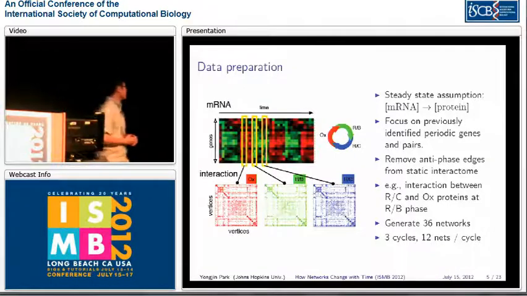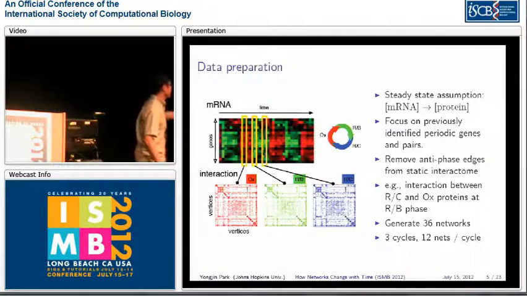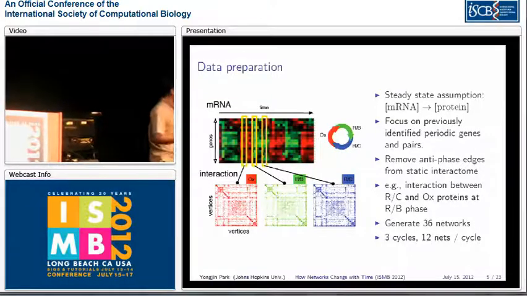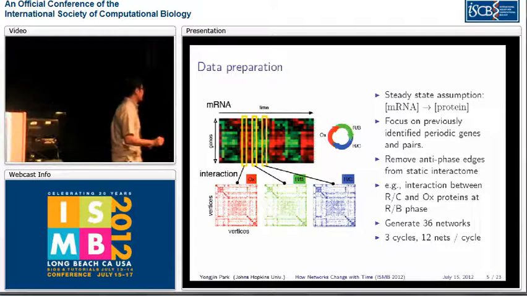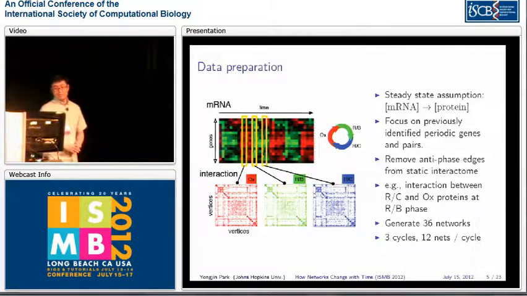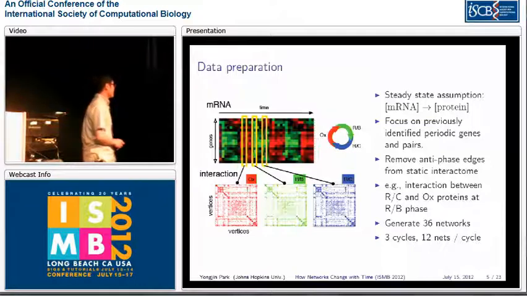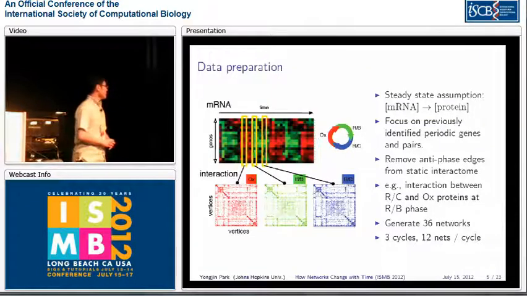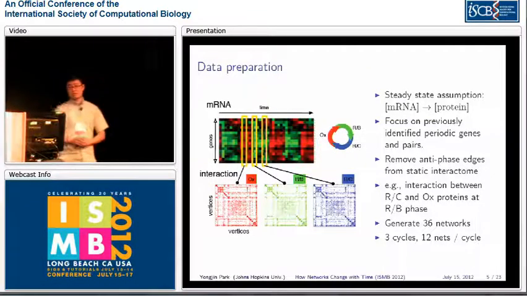For example, if you want to look at the interaction at the RB phase, you don't want to include pairs where one end of the edge is active at the OX phase and the other end is active at the RC phase. This is antiphasic, so we remove those edges. We generated 36 networks, consisting of 3 cycles and 12 networks per cycle.